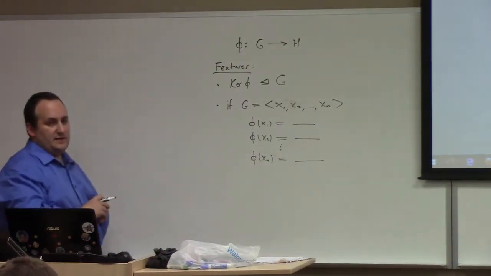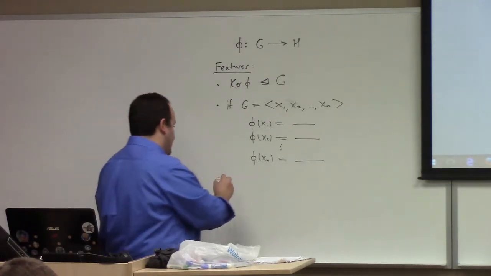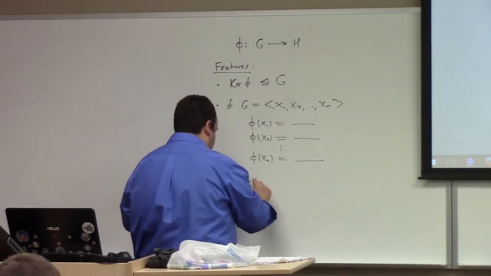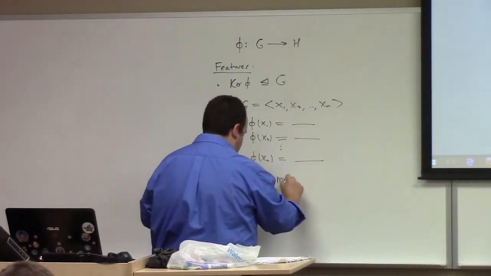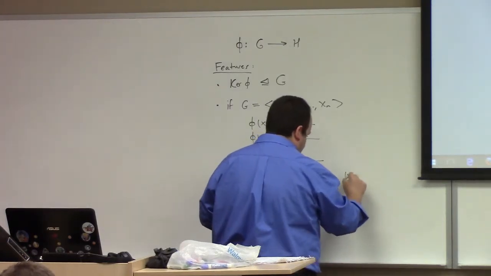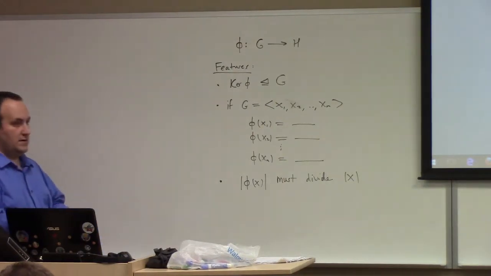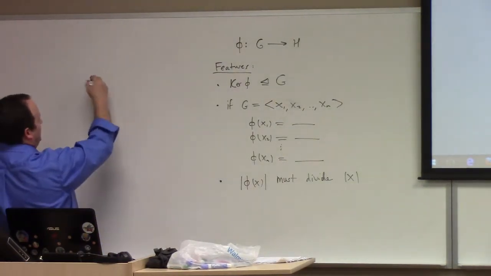But then you have other rules. You can't just do anything you want with the generators. You have to send them to objects which have similar structure. In particular, the order of phi of x must divide the order of x. Another thing, let me be a little more specific.